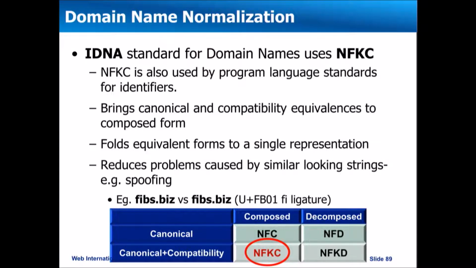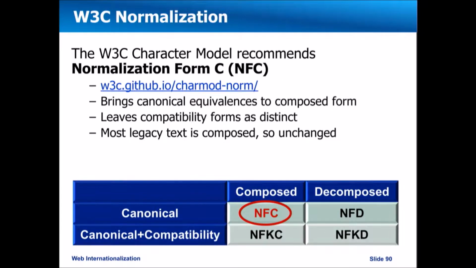Domain names, you want characters that look similar to be treated as the same value on a domain name. Otherwise, you get all sorts of spoofing, and that causes problems. So for domain names, they went with NFKC.